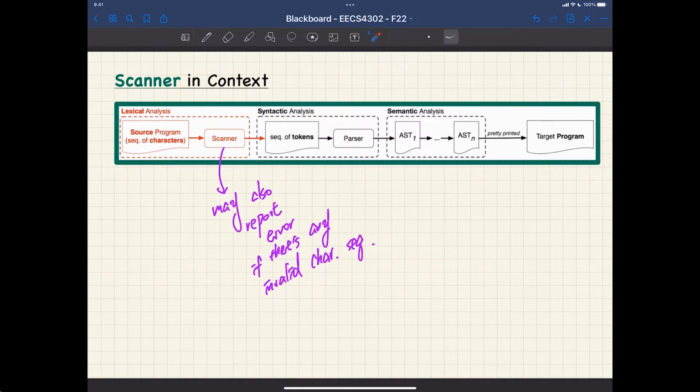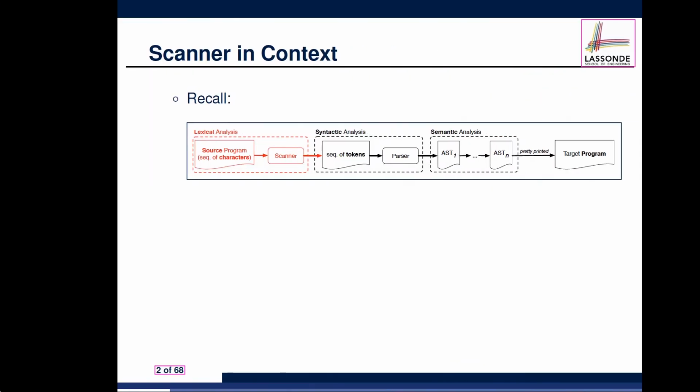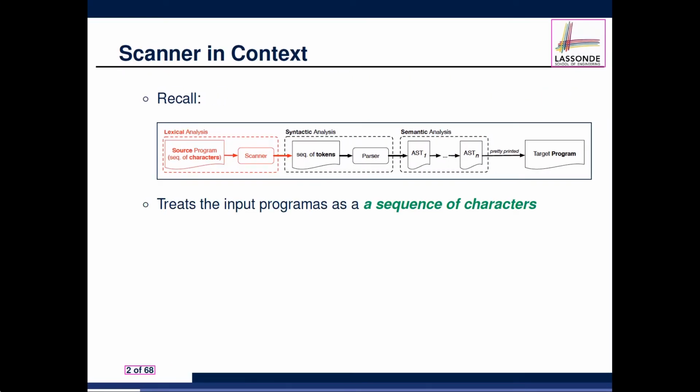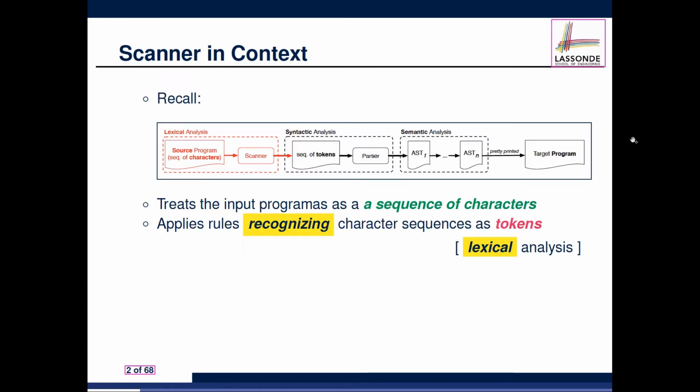Okay, one thing at a time. Just remember we are now in the first stage of the compiler. It treats the program as a sequence of characters in the first stage, and the word to really use will be recognizing. I think that's also the word you heard back in 2001. We say that a DFA, or a finite state machine, can recognize some character string, right? So recognize will be the word.